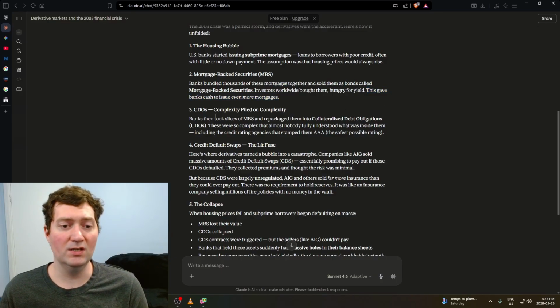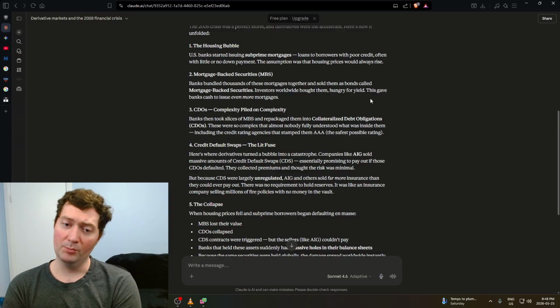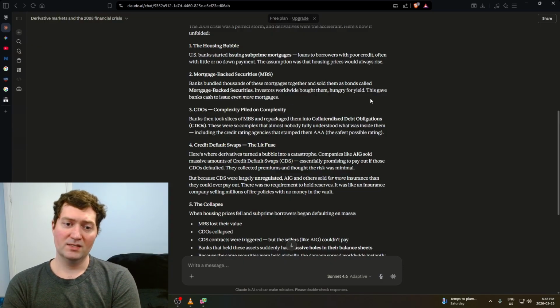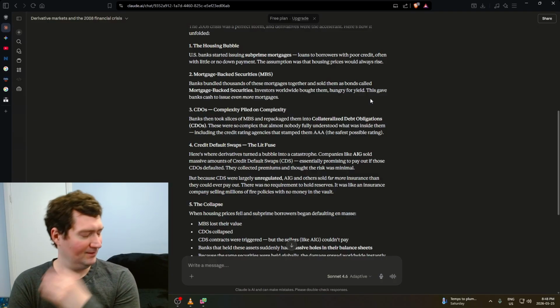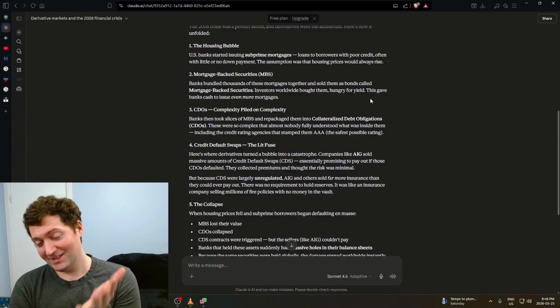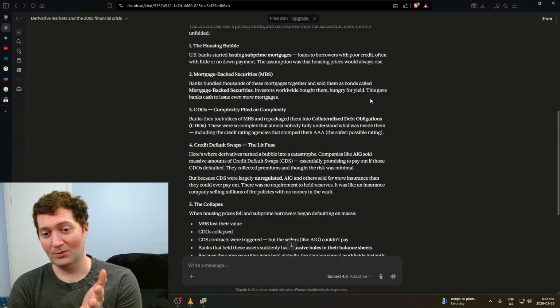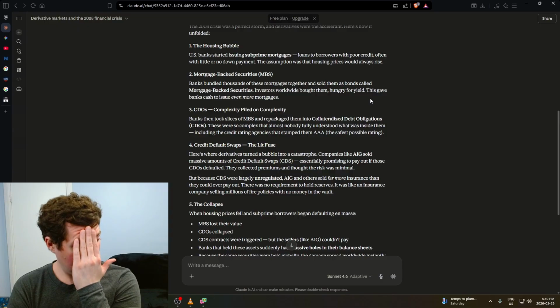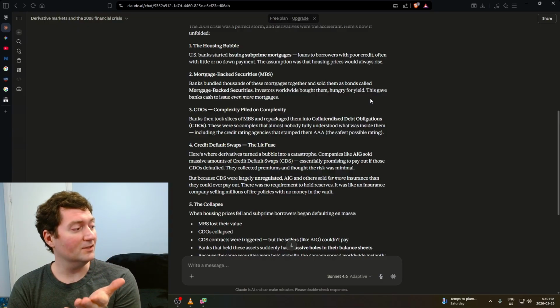Okay, CDOs. Complexity piled on complexity. Banks then took slices of the mortgage-backed securities and repackaged them into collateralized debt obligations. This is the problem, right? A couple big words get thrown out like this, and they're just like, oh, why do I have to understand this?